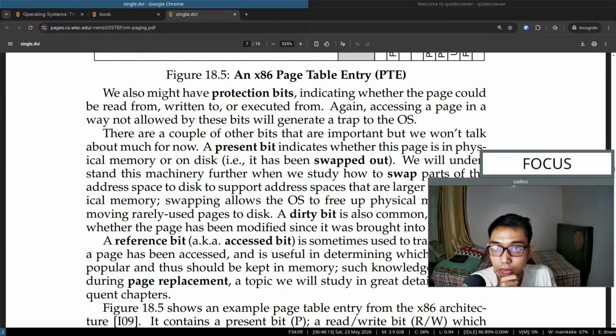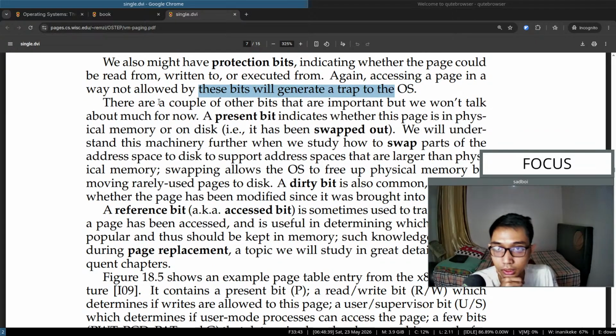We also might have protection bits indicating whether the bits could be read from, written to, or executed from. Again, accessing a bit in a way not allowed by this bit will generate a trap to the operating system. There are a couple of other bits that are important, but we won't talk about much for now.